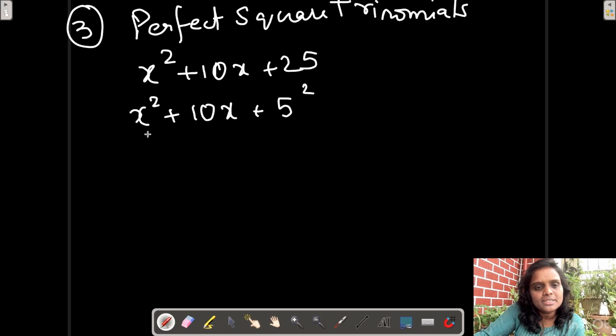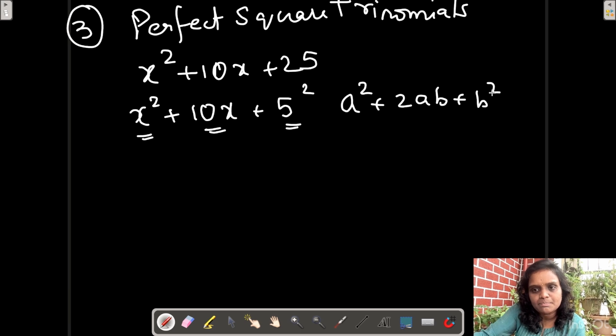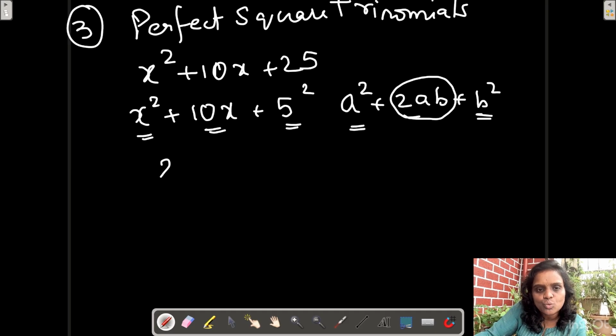It is looking similar to one algebra expression, right? So what is the identity? It's similar to a square plus 2ab plus b square. Perfect. a square is perfect and b square is perfect. Let's see for 2ab. This is nothing but 2 into a, which is our x, into b, which is our 5.